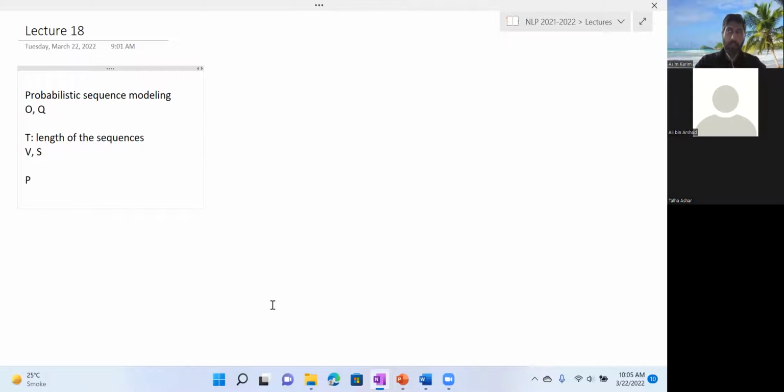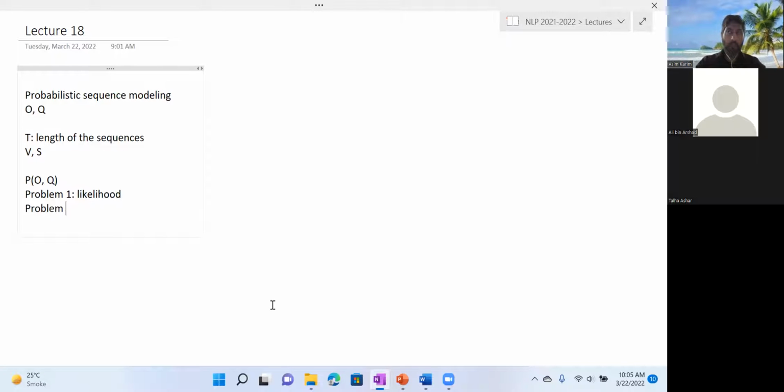And then we said that if you knew the joint probability distribution over these two sequences, O and Q, you can solve many problems that relate to these two sequences. We defined 3 problems. Problem 1 was a likelihood problem.